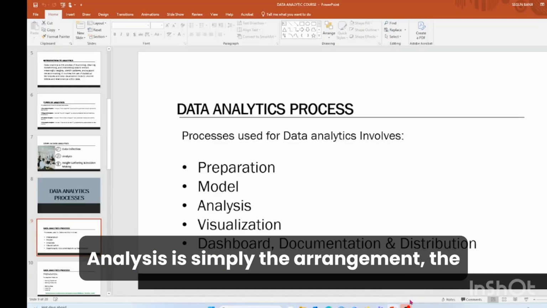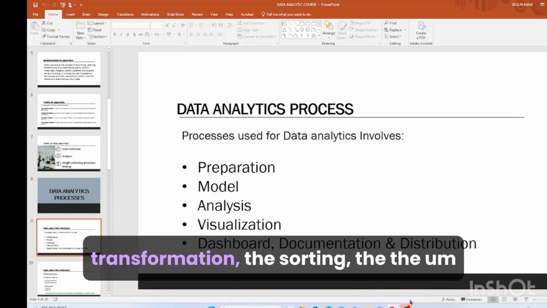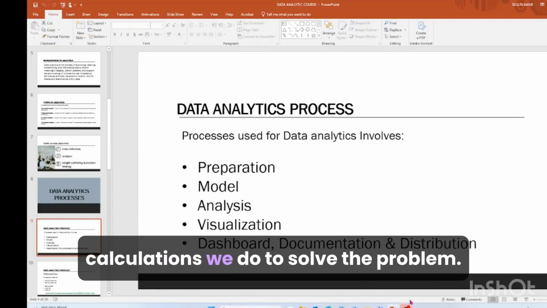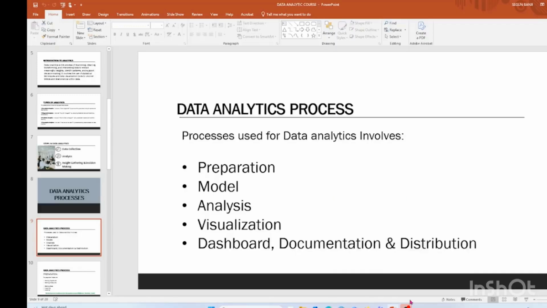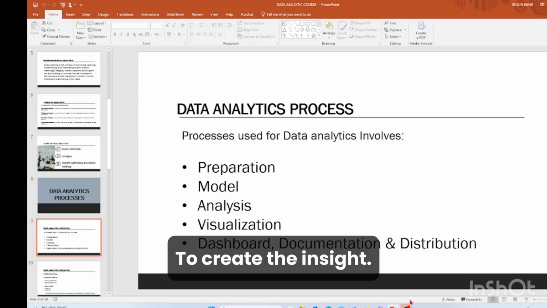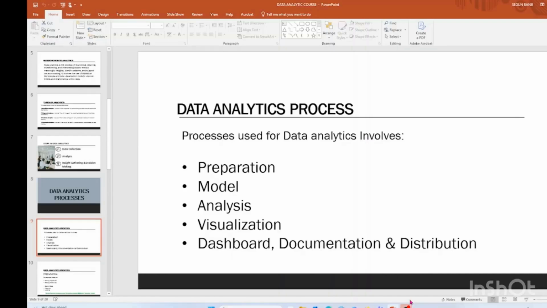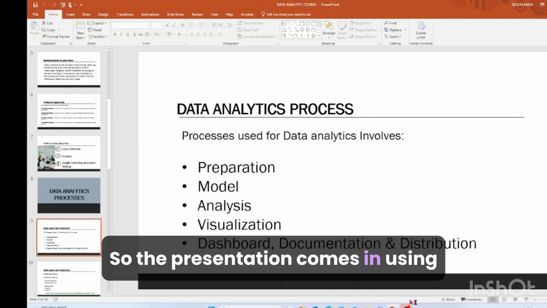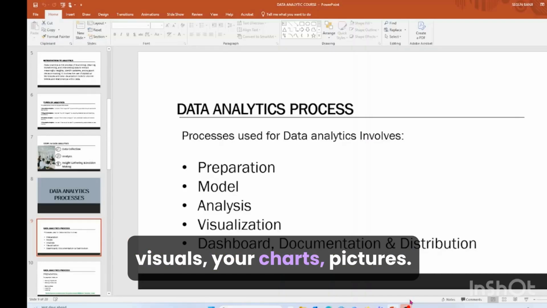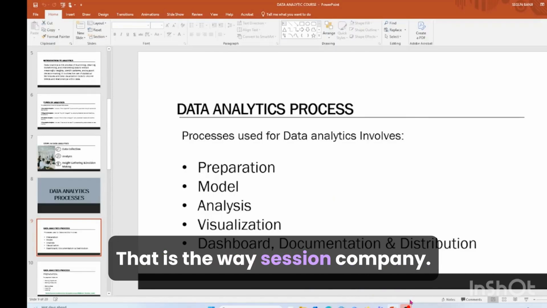Then we move to analysis. Analysis is simply the arrangement, the transformation, the sorting, the calculations we do to solve the problem, to create the insight. Then after doing this, it is not complete without presentation. So the presentation comes in using visuals, your charts, pictures. That is where visualization comes in.